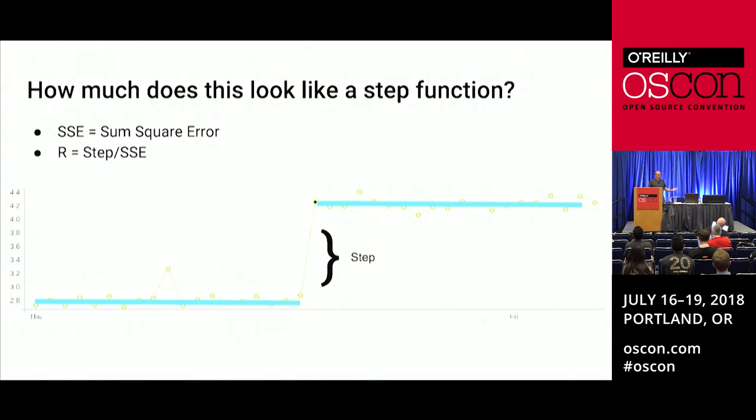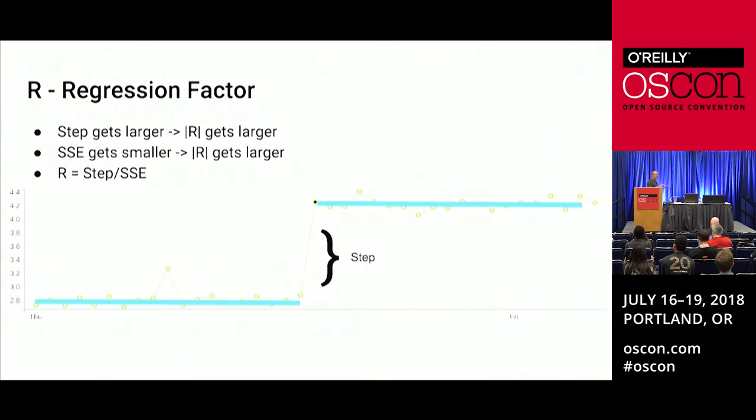Then we calculate R, our regression factor, from there, which is the step size, the difference between those 2 means, how much did it move, divided by the sum squared of errors. How much is that noise factor? And you'll see this gives us a number that can be correlated to how much it looks like a step function.